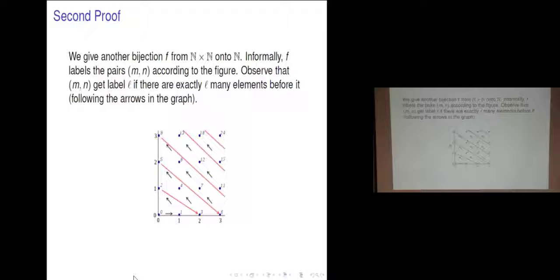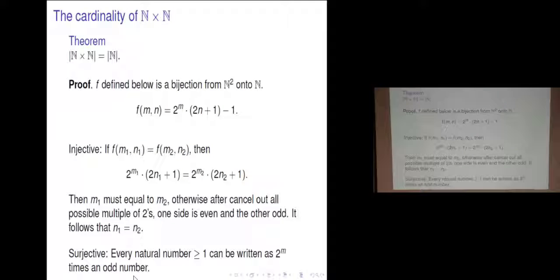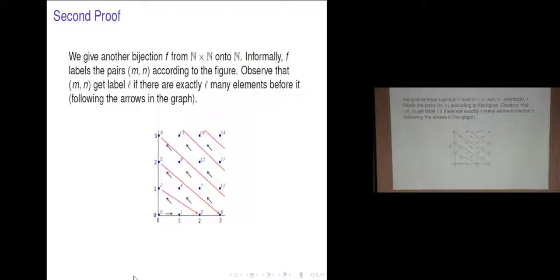And then I come down to here to get (2, 0). And then I follow the black arrow, I move to this point, (1, 1). And then I move to (0, 2). Right? Then I come down to this point. This is (3, 0). And then follow the black arrow, go to there, and then come down. So I have a zigzag line following the arrows.